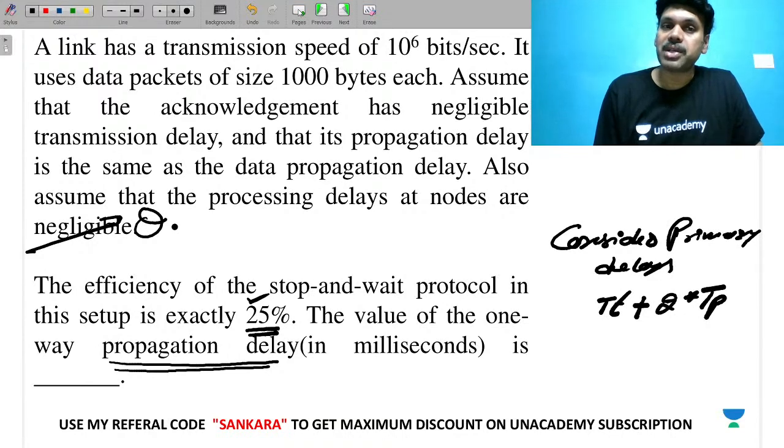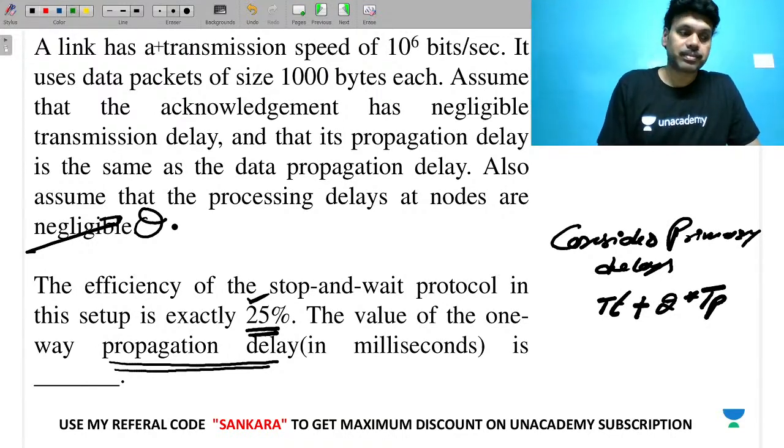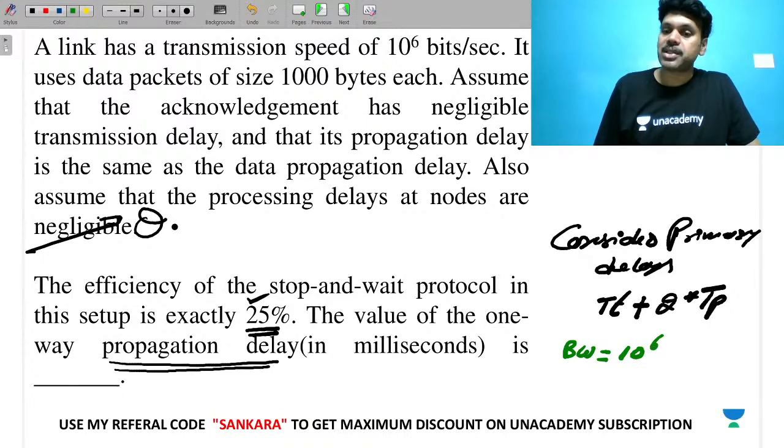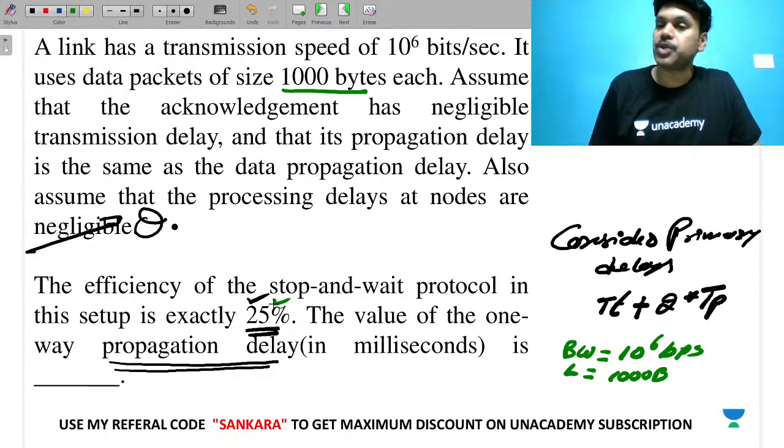What parameters are given? The bandwidth is 10 power 6 bits per second. Packet size L is equal to 1000 bytes. Nothing else is mentioned. You need to calculate the propagation delay for 25% link efficiency.